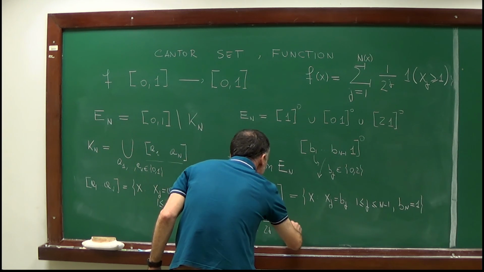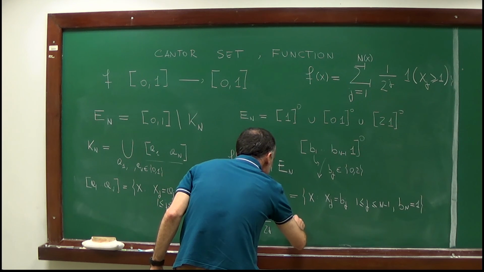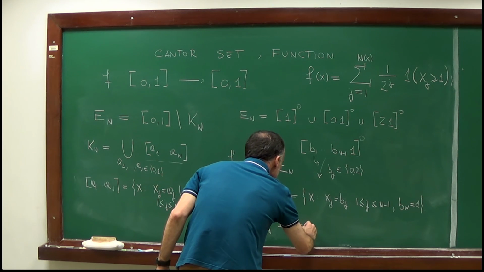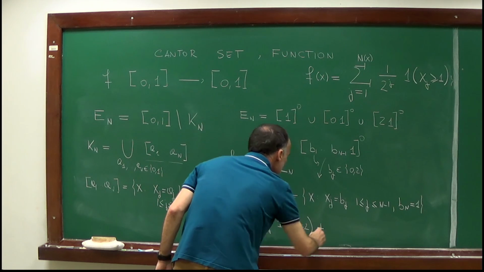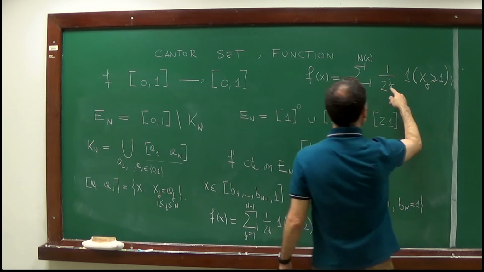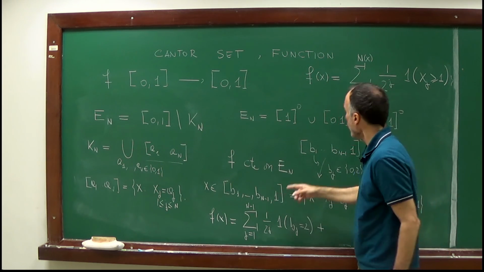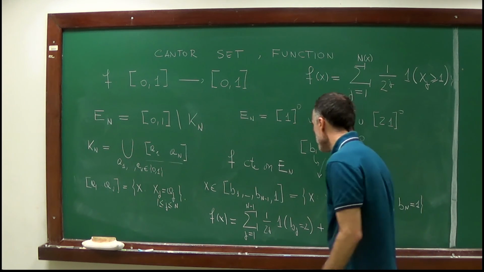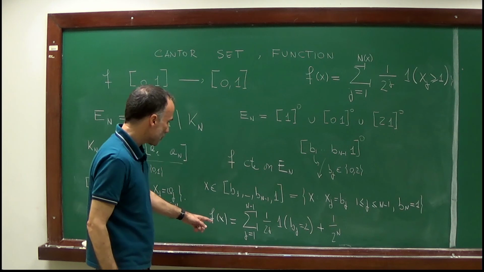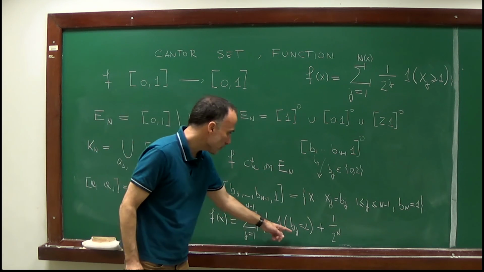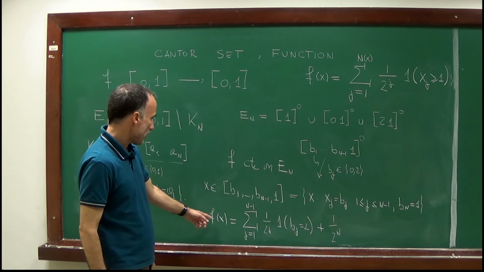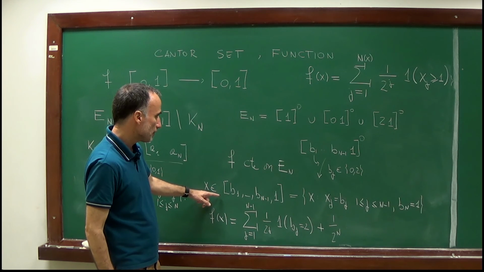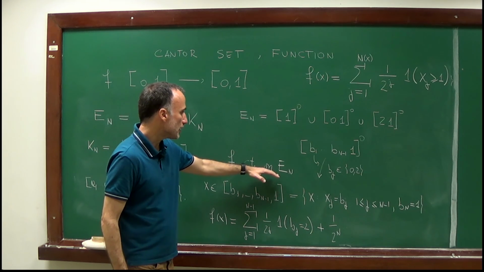Here I will sum only the j's for which b_j is equal to 2, plus the last one, which is 1, therefore I have a 1 over 2^n. And you see that this expression doesn't depend on x, it depends only on the b_j's. So f is indeed constant in this set, therefore it's constant on E_n.